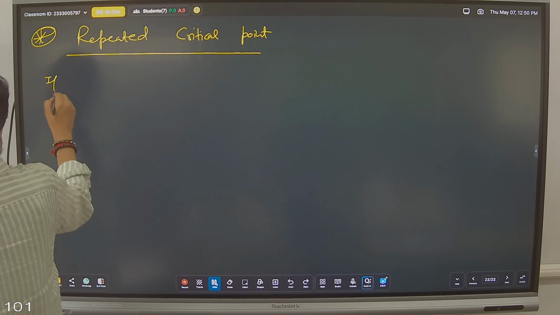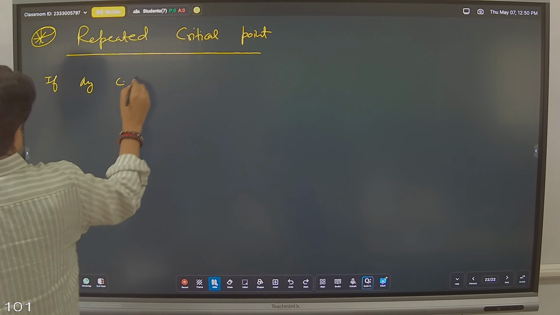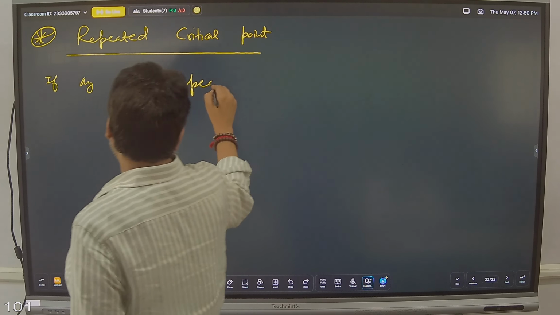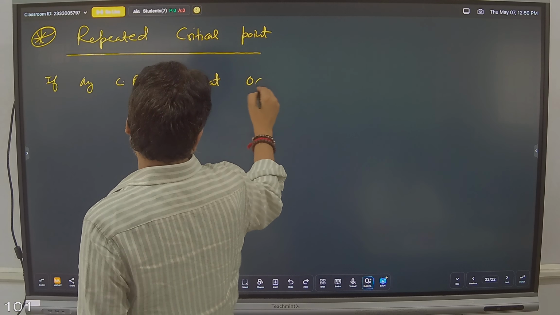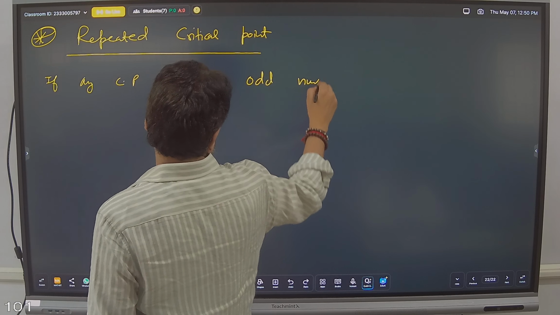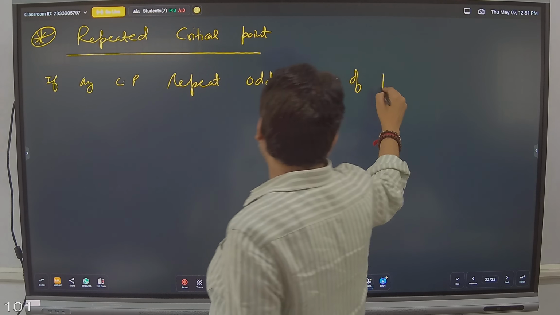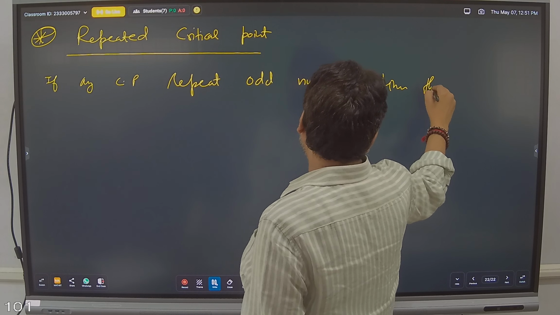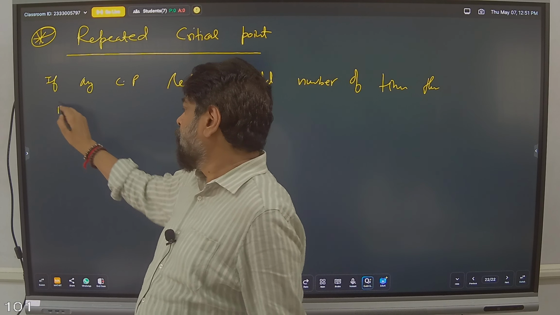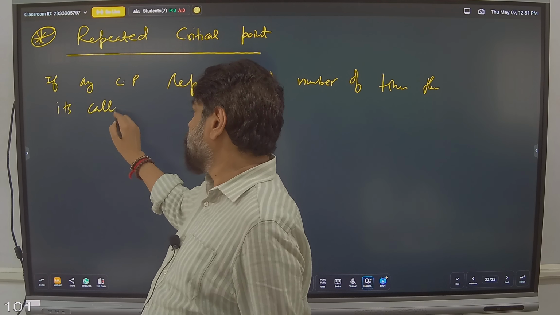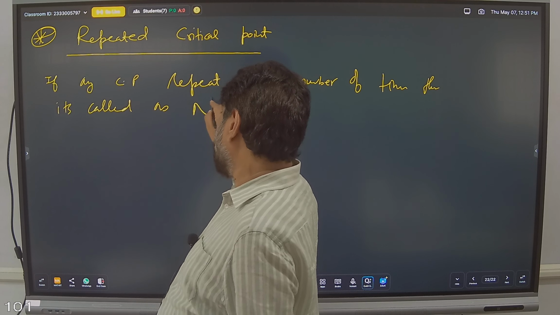If any critical point repeats an odd number of times, then it's called a normal critical point.